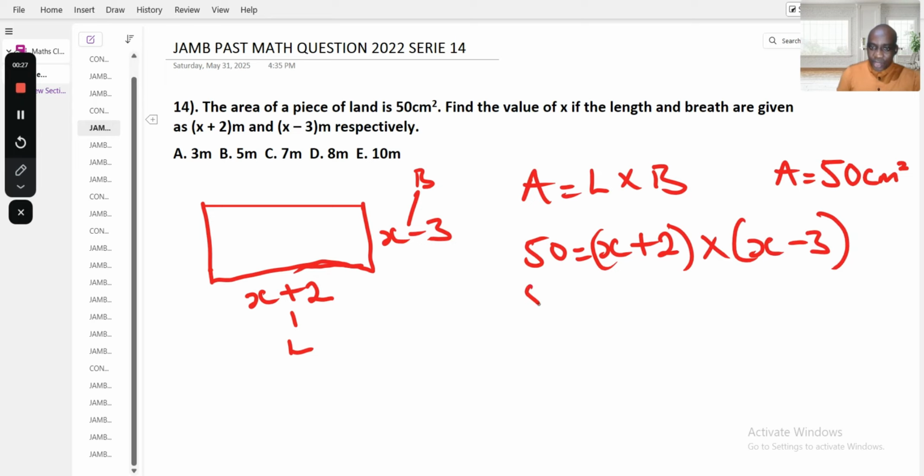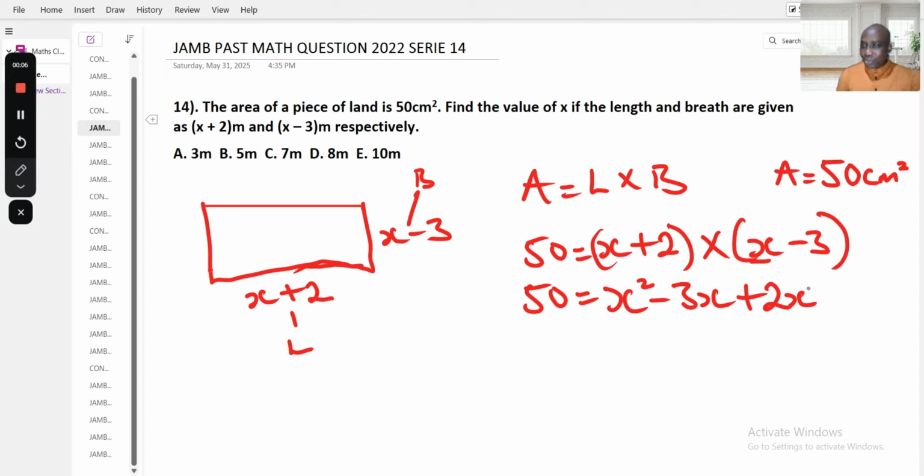Now let's multiply it together. x times x, x squared. x times minus 3, minus 3x. Plus 2 multiplied by x, plus 2x. Plus 2 multiplied by minus 3.